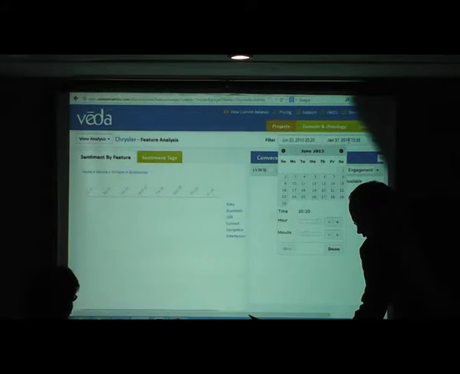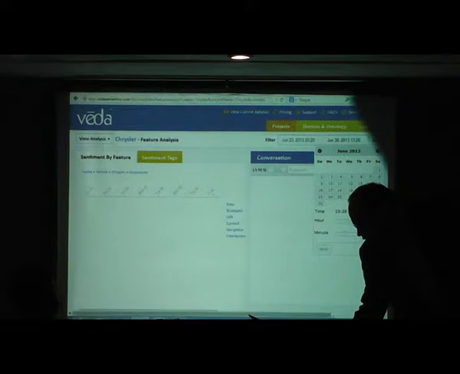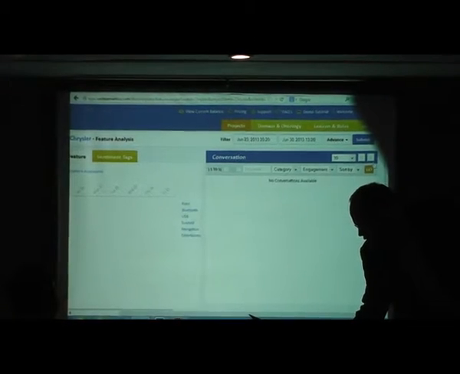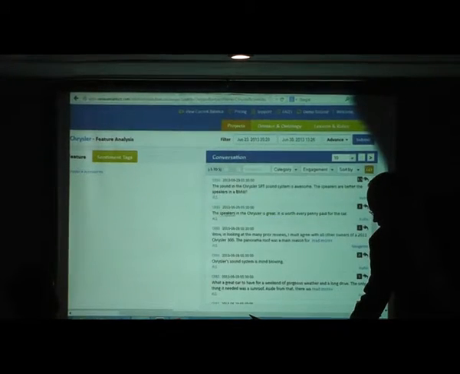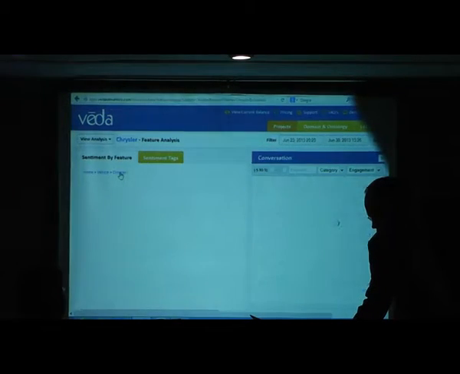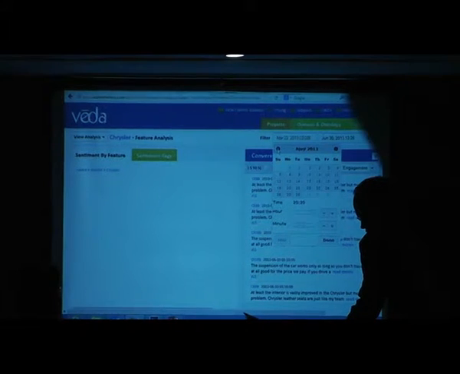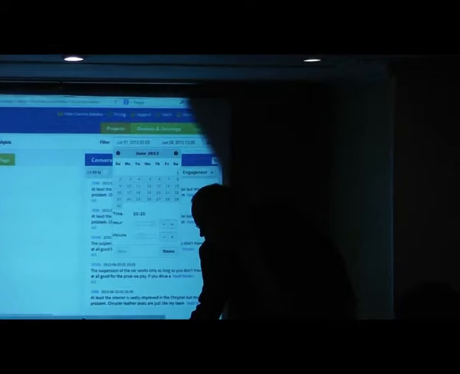And what you're able to do is actually come up with a detailed level analysis.